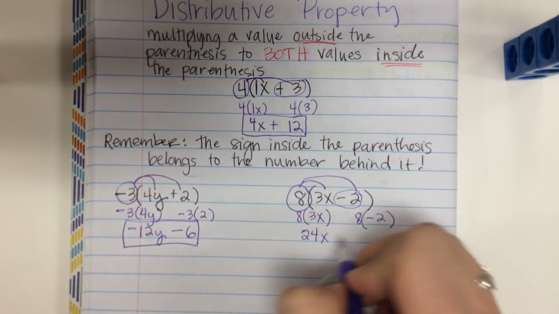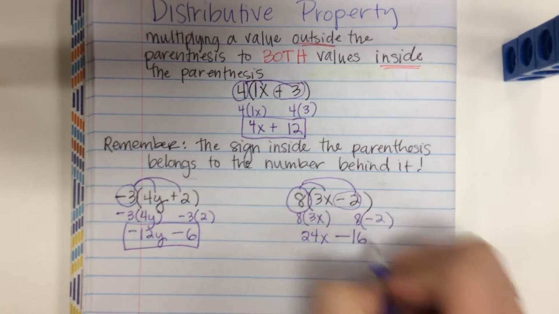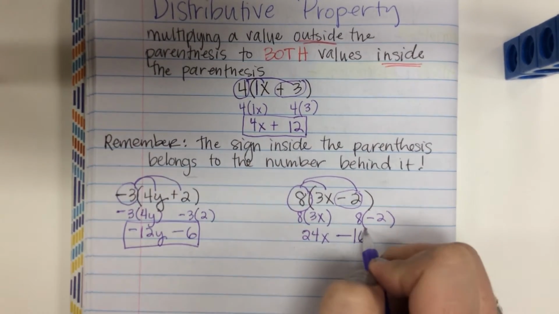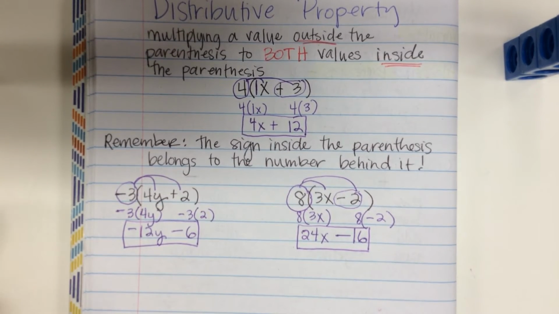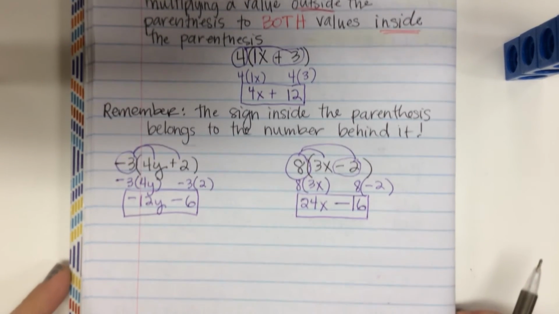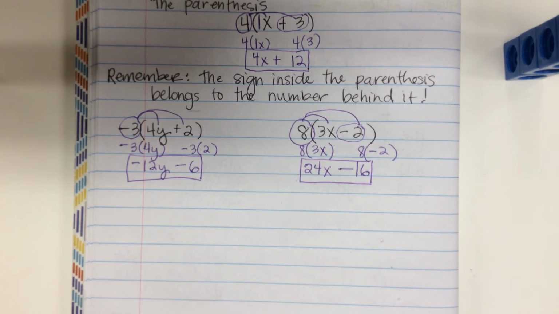And 8 times negative 2 is negative 16. Let's do 2 more examples and then you can just start your homework.